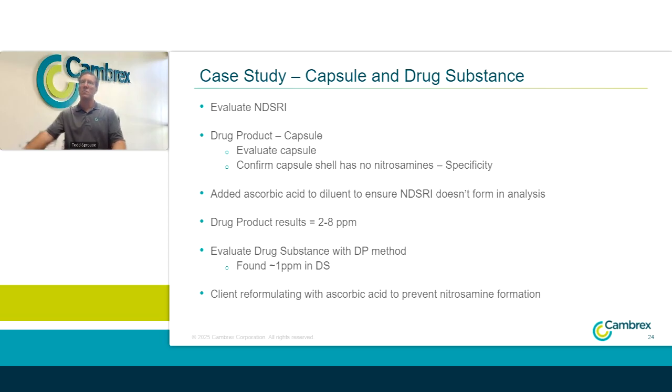Since the standard prep for assay and impurities often requires emptying the capsule shell contents, we took that approach here as well. The concern about the capsule shell itself, we mitigated by showing through that specificity that there were no nitrosamines from that. And we were able to go forward with, again, more of that standard capsule shell preparation.